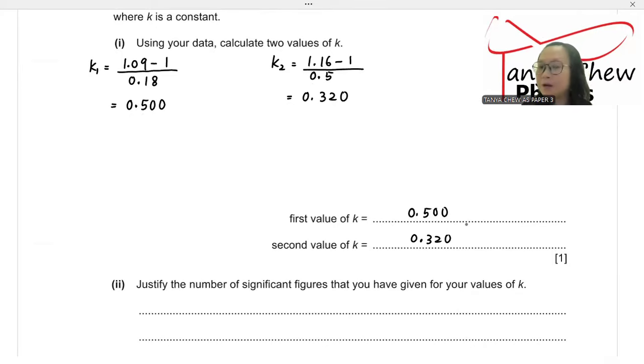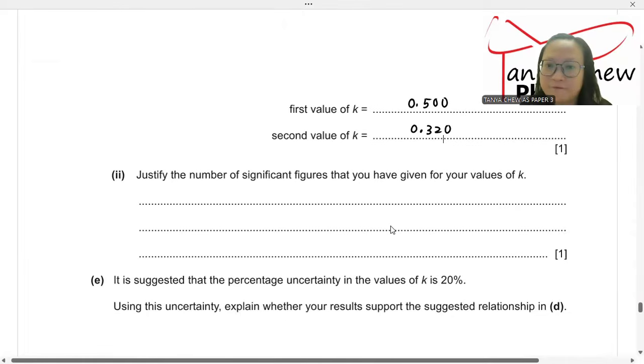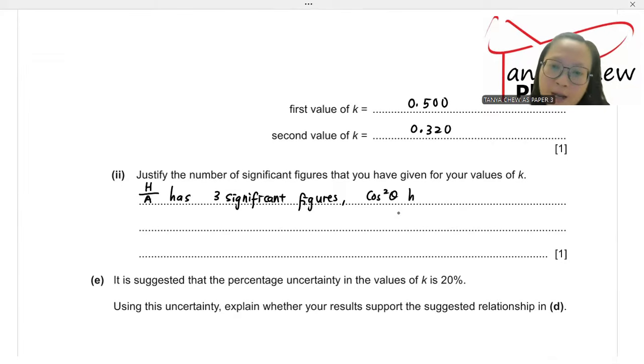And bear this in mind, you can put the two K values in terms of two significant figures, not a problem. And justify the number of significant figures that you have given for your values of K. So I say H over A has three significant figures. Cos square theta has two significant figures.